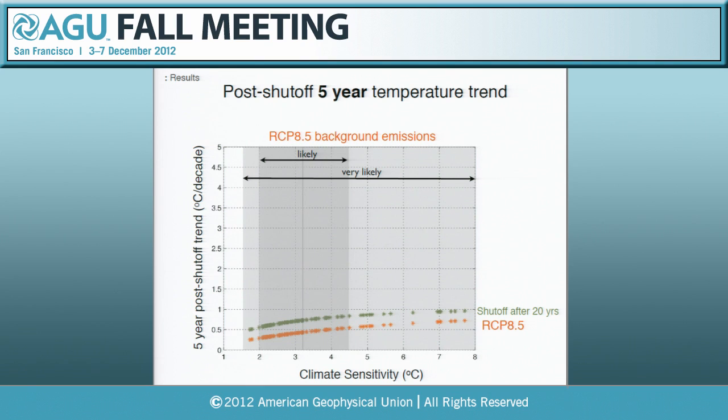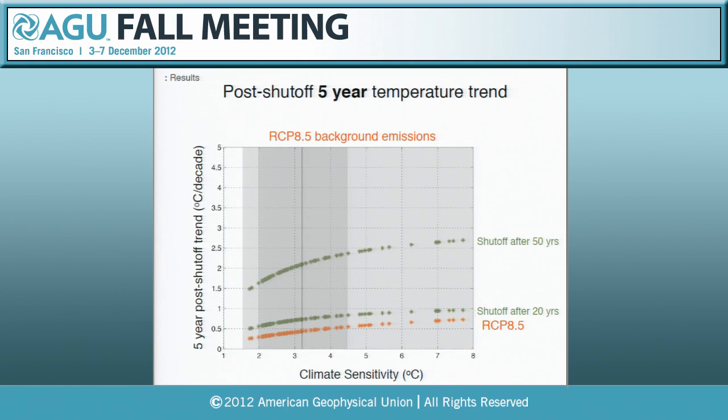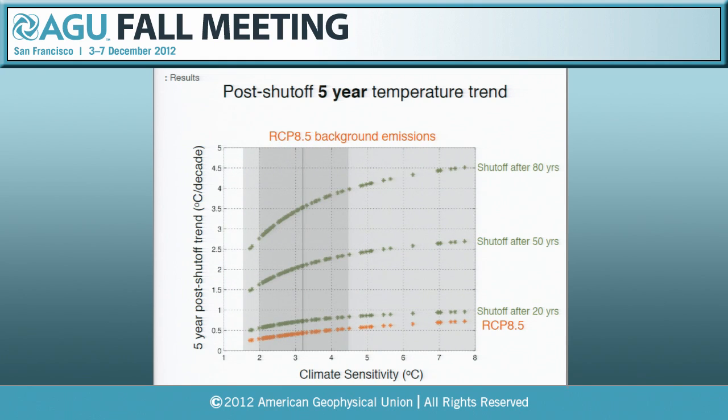But what is interesting is that the trends don't depend a whole lot on climate sensitivity, right? So they're fairly flat here. But if you postpone your shutoff to 50 years and then 80 years later, that's when you start seeing a jump in your trend magnitude. So it's actually more sensitive to the timing of the shutoff.